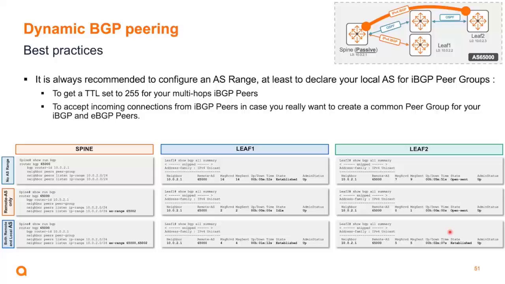It means that, as you can see here in this example, if you create only an AS range to accept incoming connections from a remote AS, automatically all the incoming connections coming from your local AS will be rejected. Okay? This is not implicit. So if you want to accept connections from your local AS and remote AS within the same dynamic peer group, you have to configure both, the local AS and the remote AS.